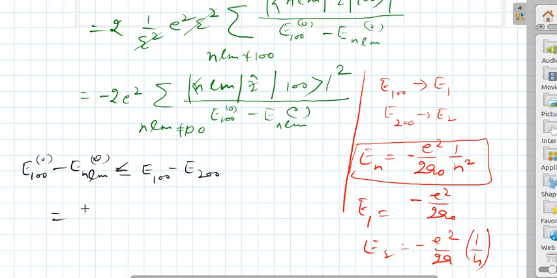So it is e square by 2 a naught times, because the minus sign will be there, minus and minus 1 by 4.